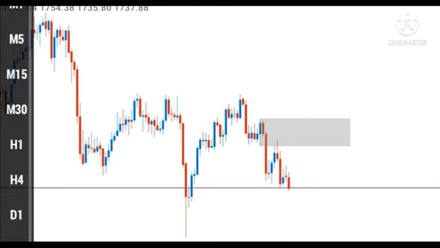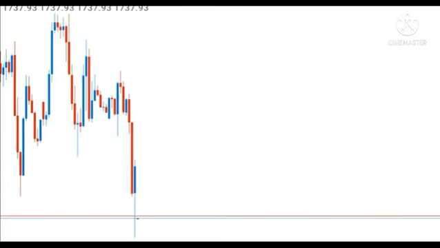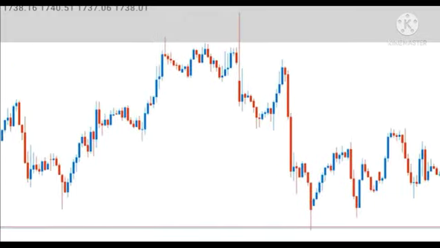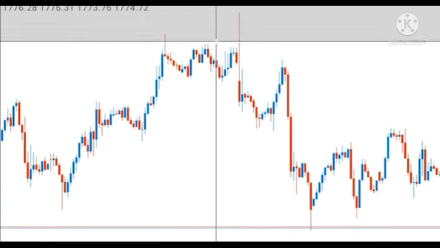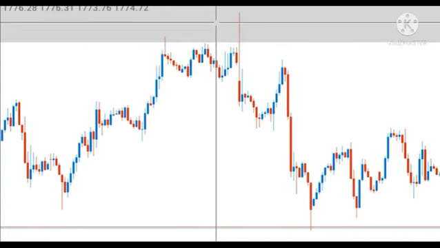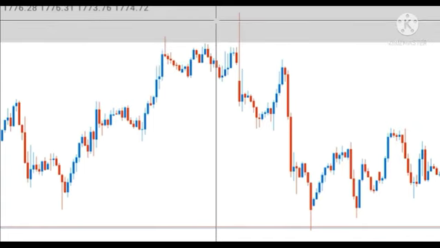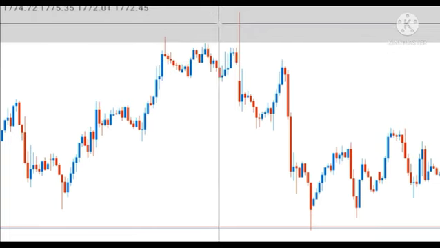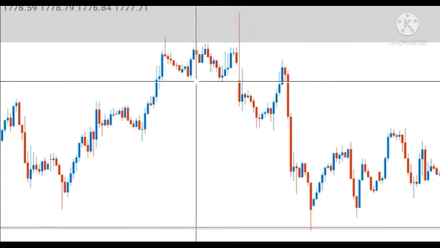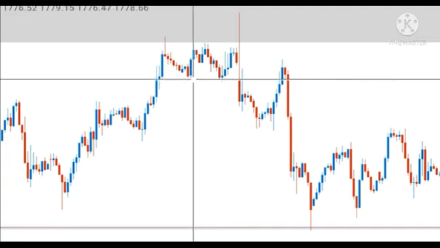Let me just show you in 1 hour where we entered the trade. Take a look at it. Look at our 1 hour price. This gray box here is our daily POI. So price respected our daily POI and dropped down to close below these lows here.